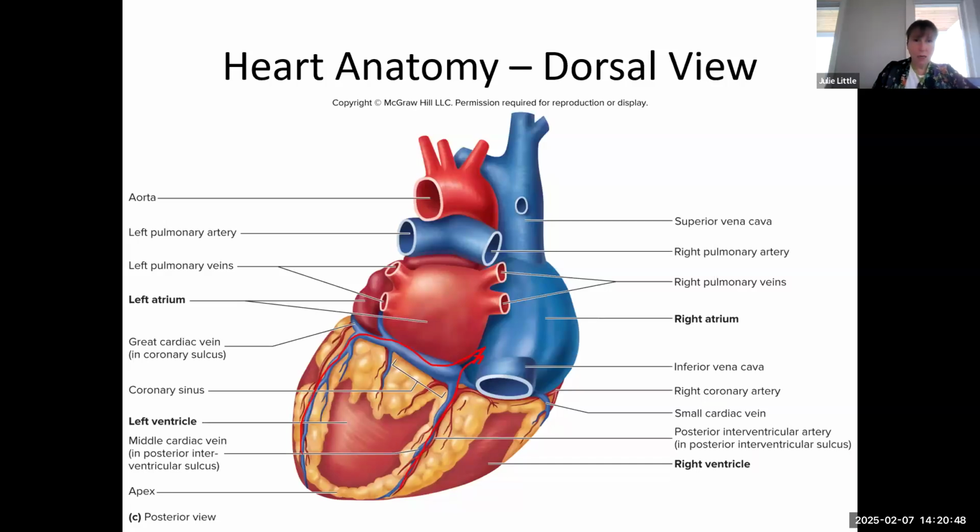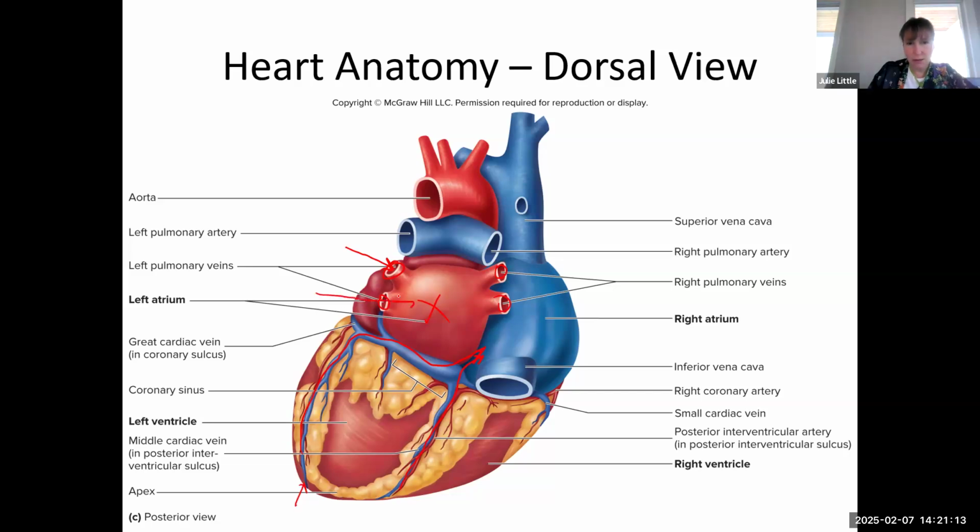Now, how do I know where the left atrium is? In a dissection, it's not colored. You know, we don't have blue and red to guide us, right? If you see these four things sticking off the back, a structure like this is the left atrium. These are the pulmonary veins, and here we have the left side of the heart. Remember, this is the apex.